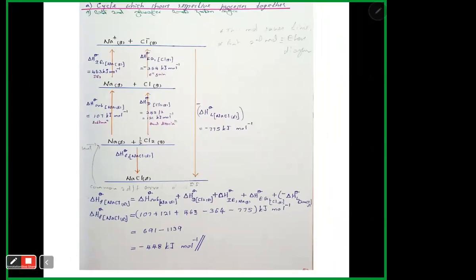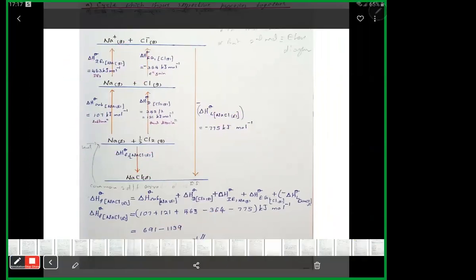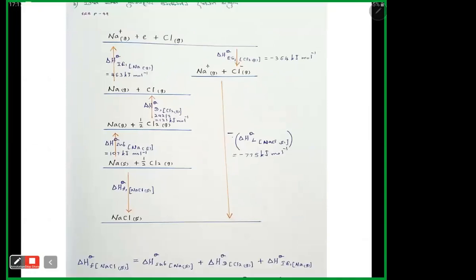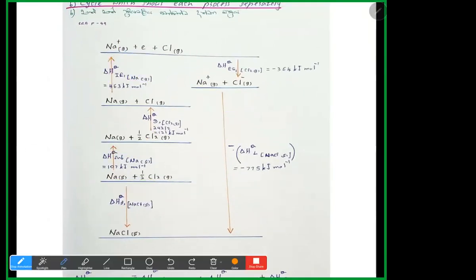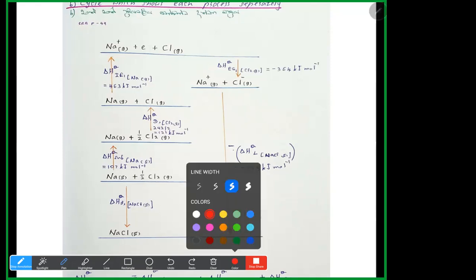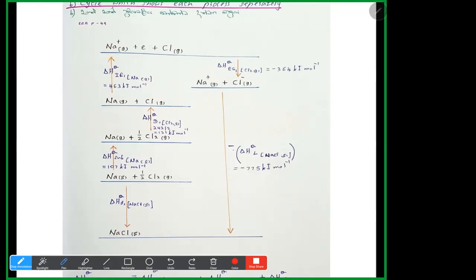Okay, this is exactly the same. See, separately you are just writing here. First one is sodium solid to sodium gas. Then second one is Cl2 to Cl gas. Sodium gas, ionization, sodium plus.